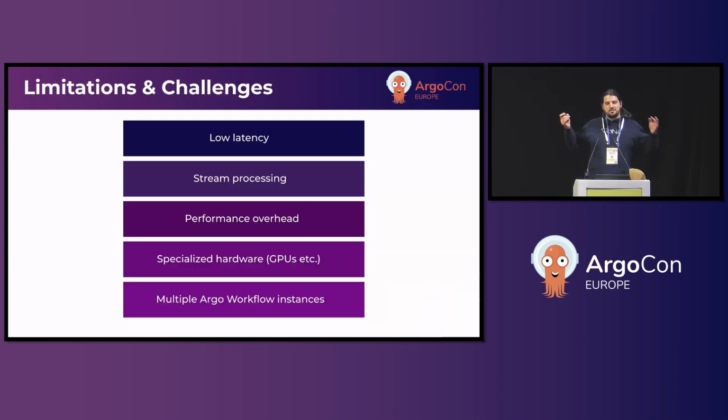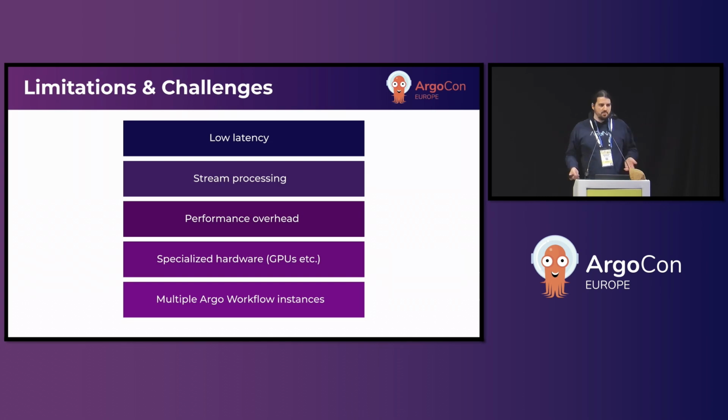There are a few limitations and challenges here. If you have some workloads that need to have low latency, then maybe Argo Workflow might not be the best fit here. If you have some stream processing environments that constantly need to process a stream, then it's also a little bit challenging.